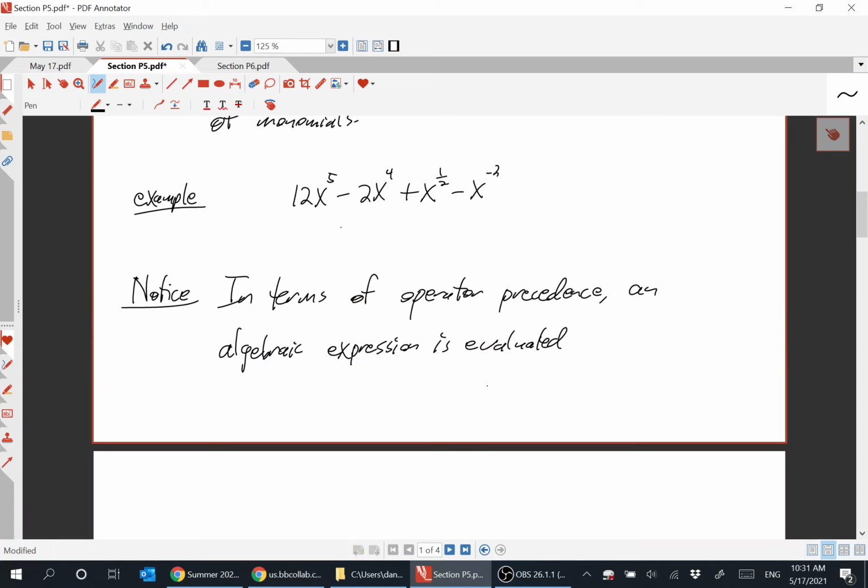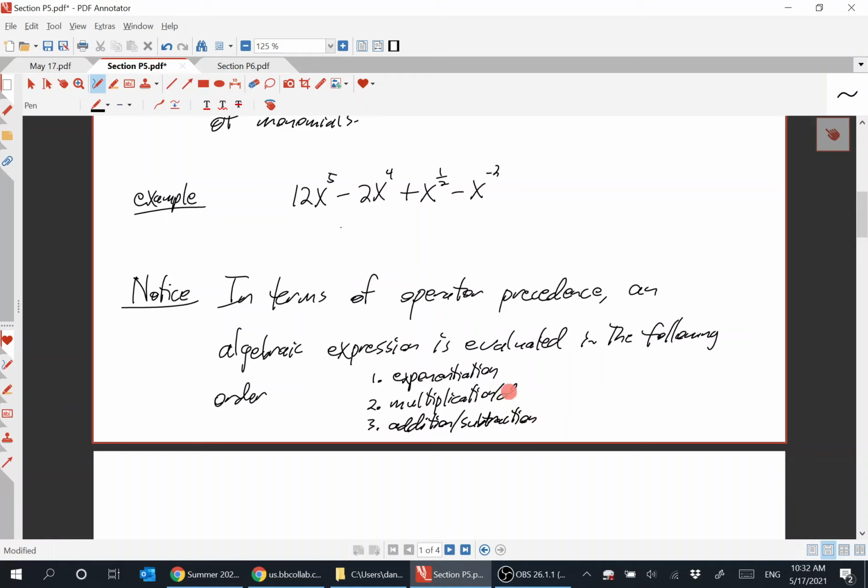What operations are evaluated first? Exponents come first, in the following order: 1, exponents are evaluated first; 2, multiplication is evaluated second; and 3, then addition and subtraction. Multiplication and division, I guess, if there is any division. Okay, so that's the order in which these things are evaluated.